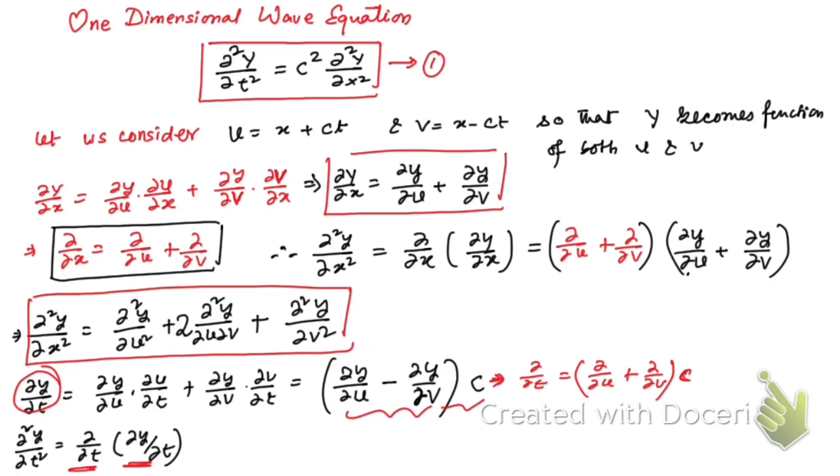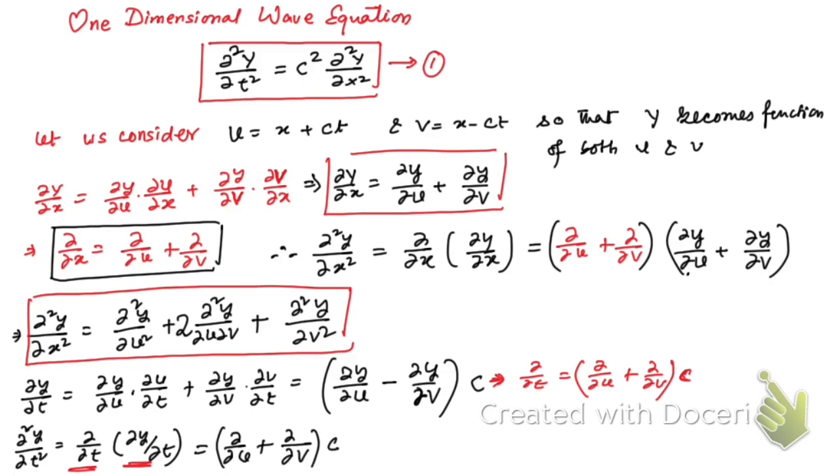So if we put all these things together, then instead of del t, let's write del u plus del v into c, right?